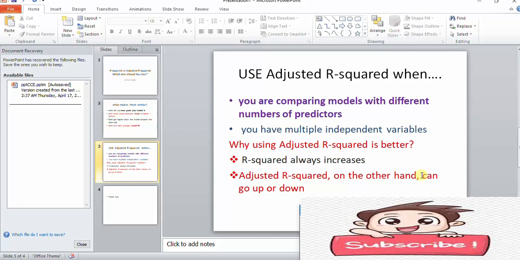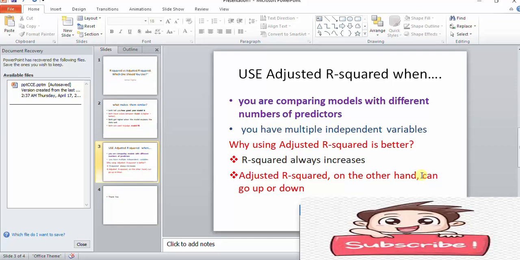R square increases by adding additional independent variables into your model. But adjusted R square is the opposite. As the name adjusted indicates, adjusted R square considers the importance of an additional variable for the improvement of your model.